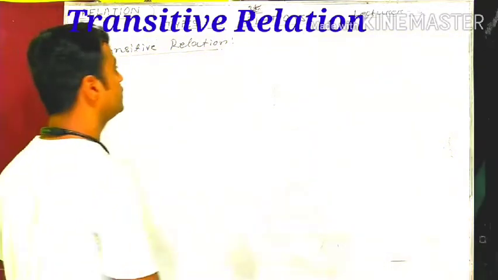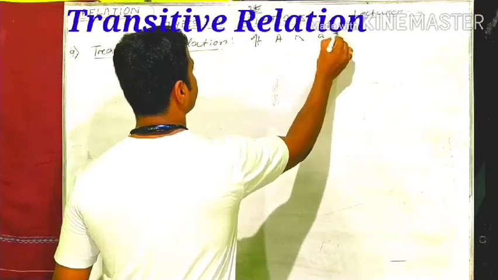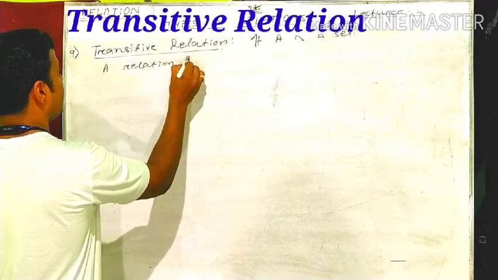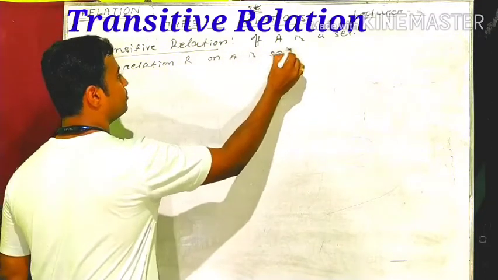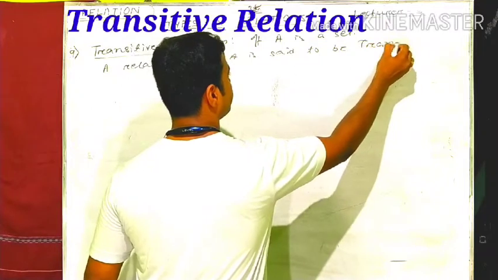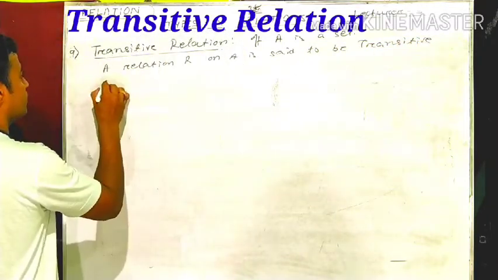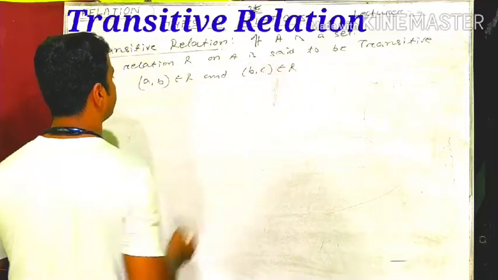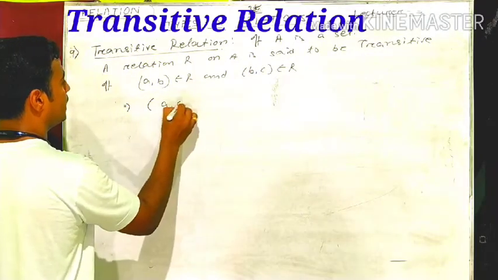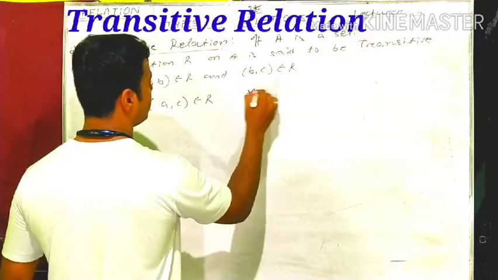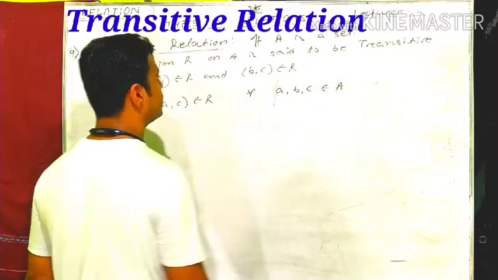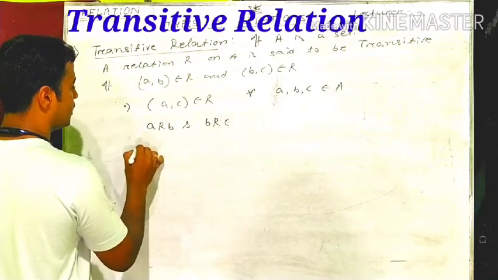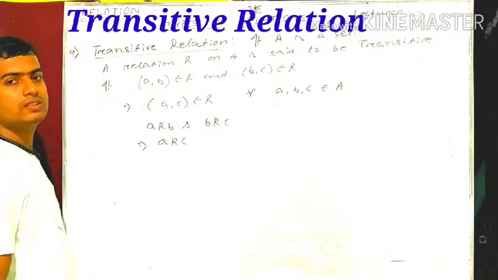Transitive relation means if A is a set, a relation R on A is said to be transitive if (a,b) belongs to R and (b,c) belongs to R implies (a,c) belongs to R, for all a, b, c belonging to A. As a is related to b and b is related to c, that implies a is related to c, and this relation is called a transitive relation.